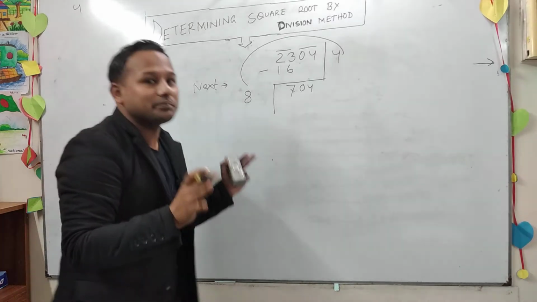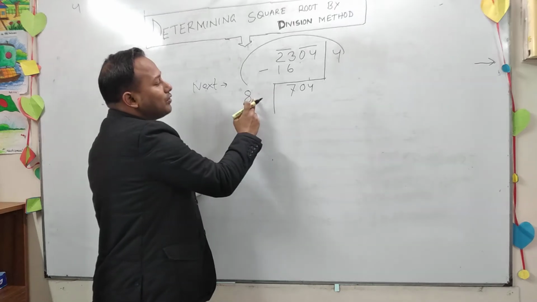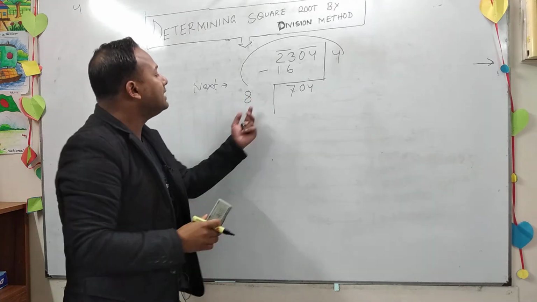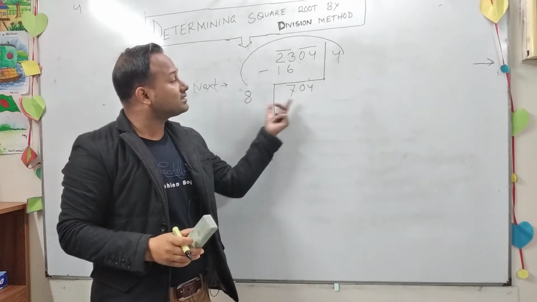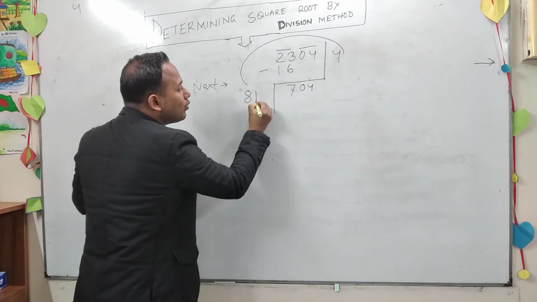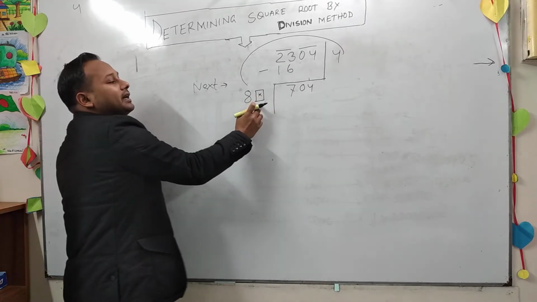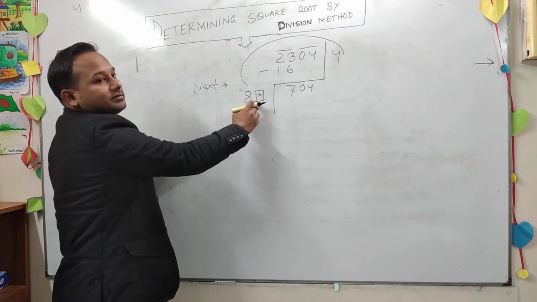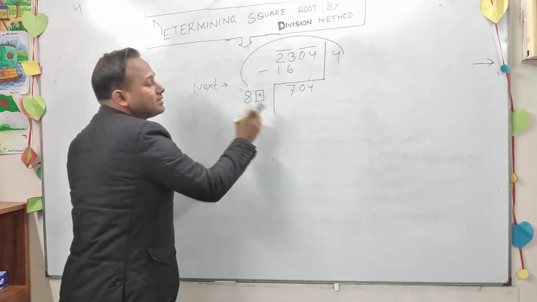Now the trickiest part is that when you have taken 4 and you have taken 8, it is never closer to this number. But you have to take a number in the one's position, to the right. You will take any number to the right and multiply with the same number.